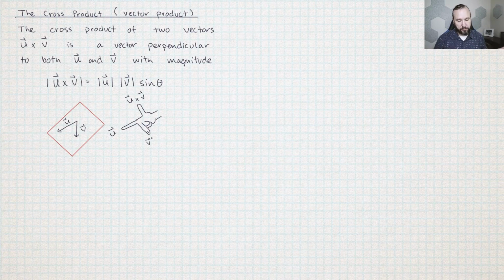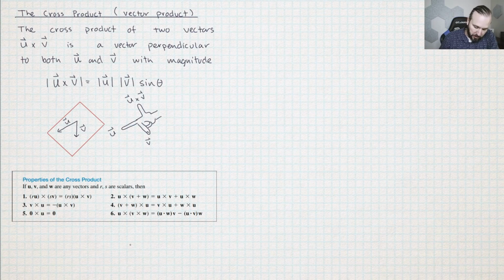So geometrically, when you calculate a cross product, every time you've got to do some kind of silly dance with your hand to figure out which way the resulting vector goes: u cross v goes one way and v cross u goes the other way. Here are some nice properties of the cross product. I just want to point out property 3 is actually the property that I was just explaining, how when you reverse your order, then the vector is pointing in the other direction.